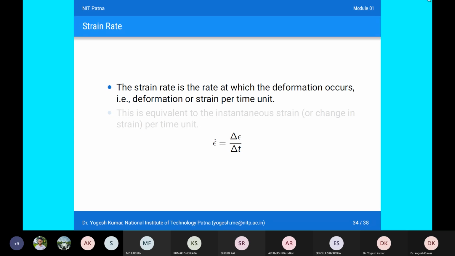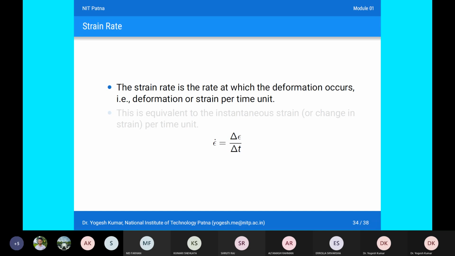The strain rate is the rate. I have already written the important statements in the PPTs itself. So the strain rate is the rate at which the deformation occurs. That is, it is the rate of deformation. Whenever we are talking about the rate of something, it is something per unit time.